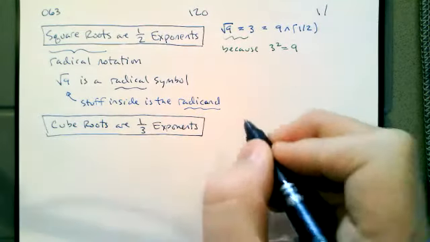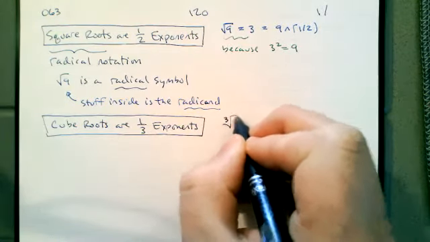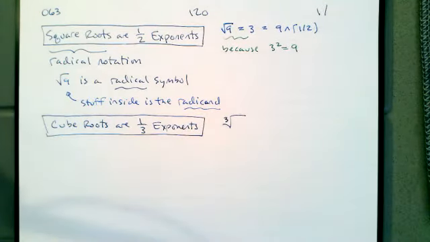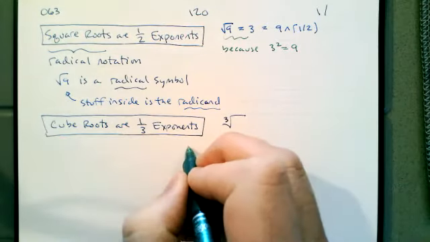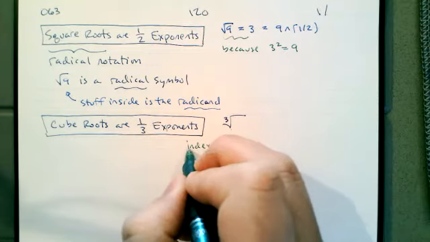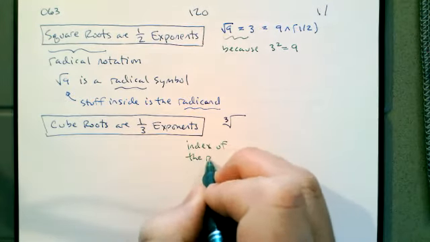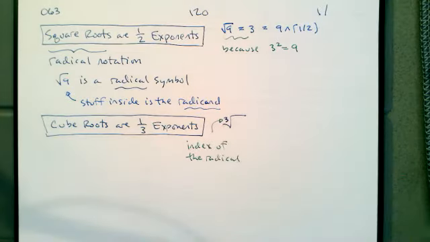So to write a cube root, we write a radical, but in the little corner of the radical, we write a 3. And that is the index of the radical. So that 3 is the index of the radical.